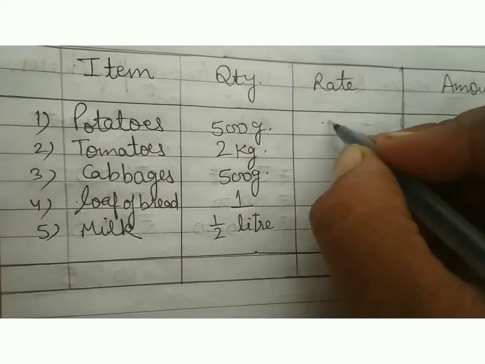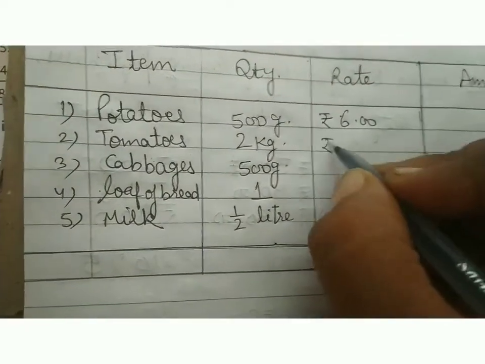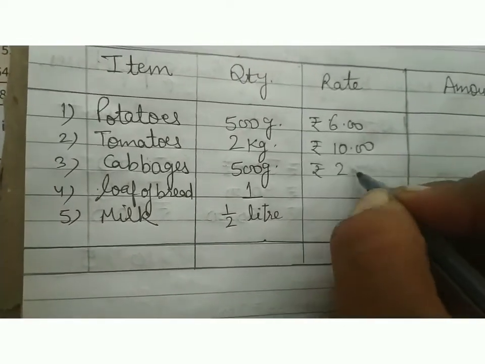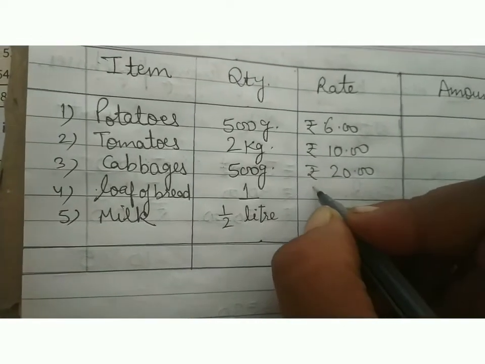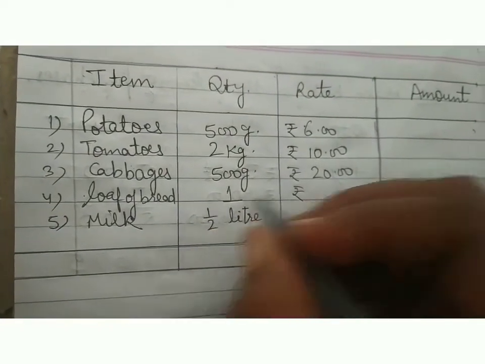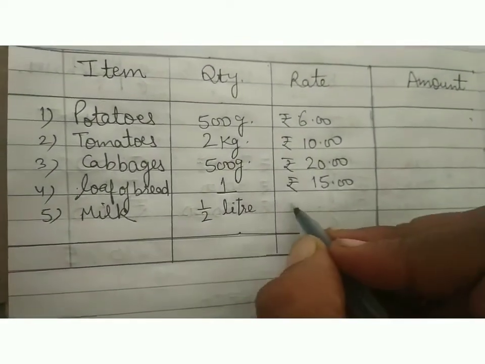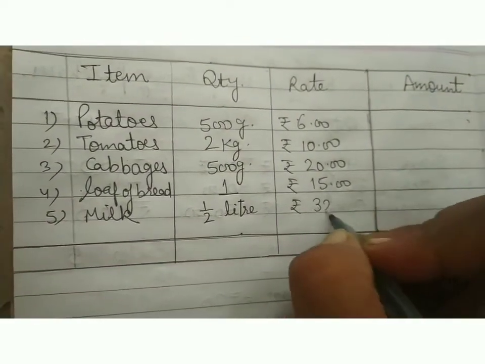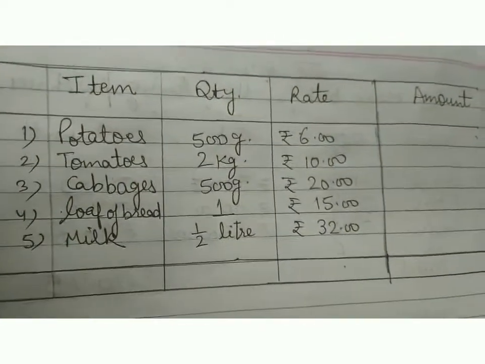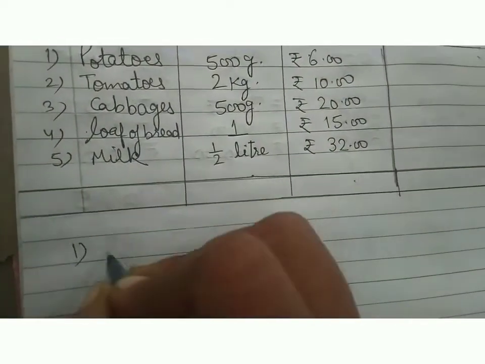Potatoes 6 rupees per kg, tomatoes 10 rupees per kg, cabbages 20 rupees per kg, then loaf of bread 15 rupees per loaf and milk is rupees 32 per liter. Now let's calculate the amount. We will start with potato. Okay.